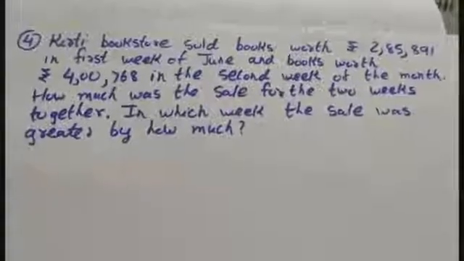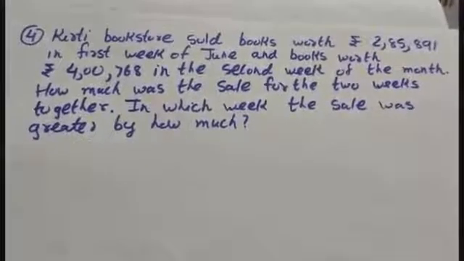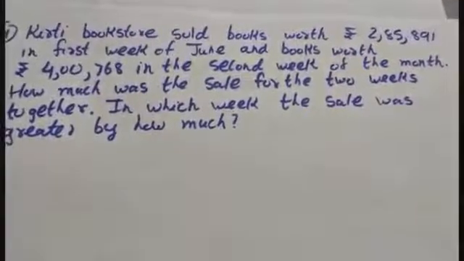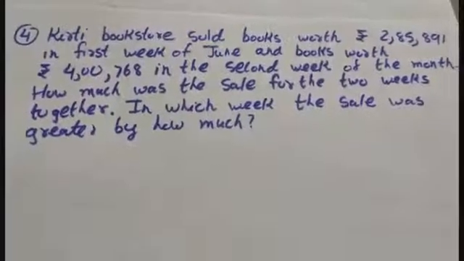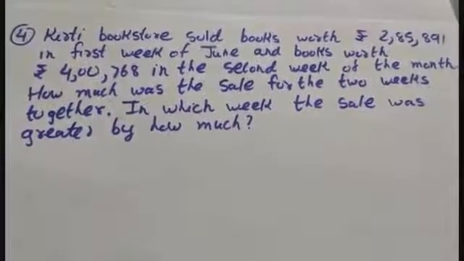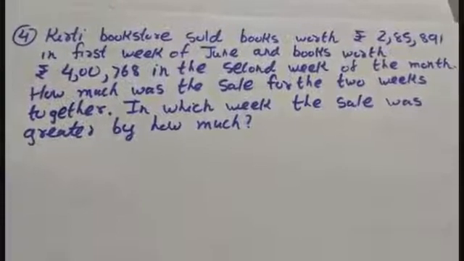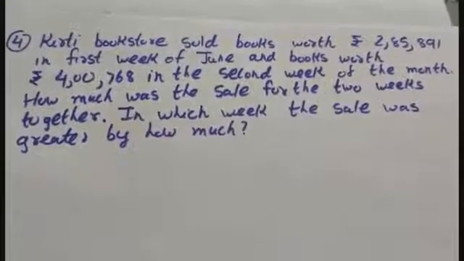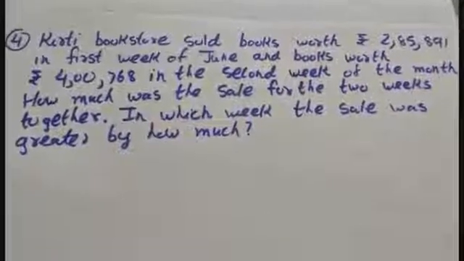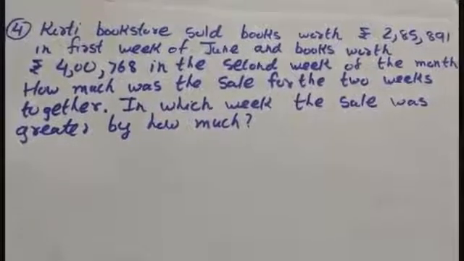Question number 4. Kirti bookstore sold books worth rupees 2,85,891 in the first week of June and books worth rupees 4,768 in the second week of the month. How much was the sale for the 2 weeks together? In which week was the sale greater?